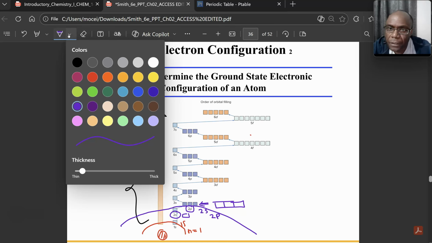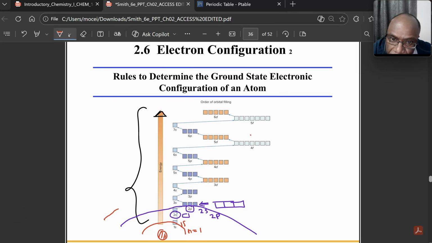Now the third shell is going to be arranged somewhere here. So this is n equals 3. Now because the energy between the 4s and the 3d is quite close, and usually the s is the closest to the nucleus, when filling up, we fill up the 4s before the 3d.